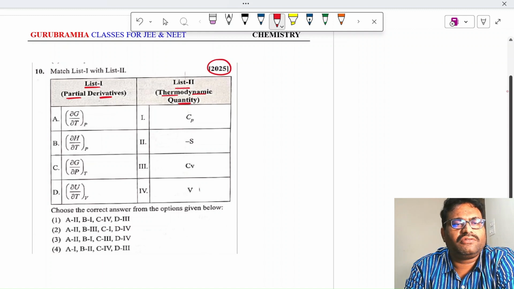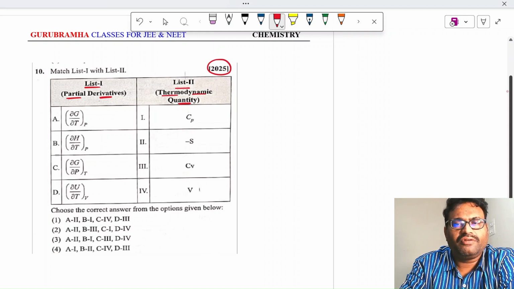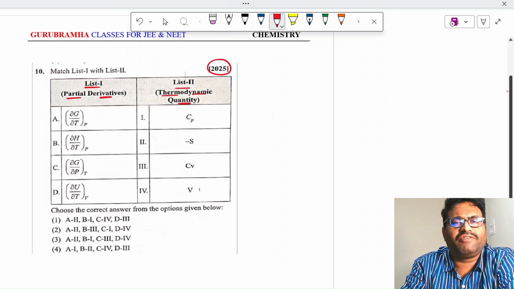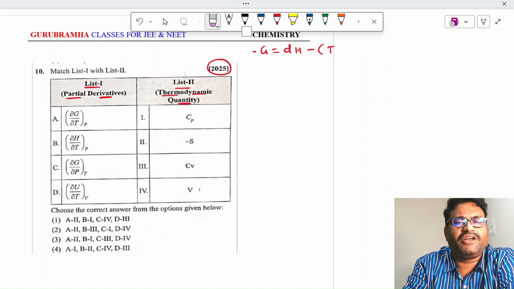We are speaking about G. We know that from Gibbs equation, if the change in the Gibbs energy is infinitesimally small, then we can write that dG is equal to dH minus T. We have an expression. First of all, let us see.